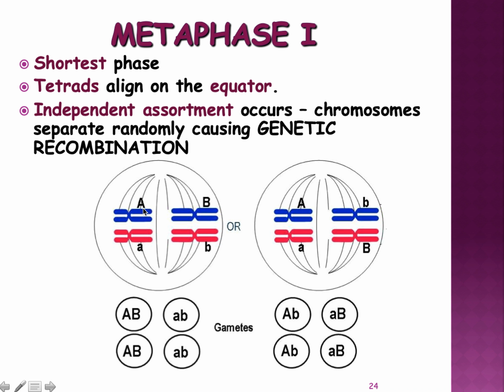You can get somebody with brown eyes and brown hair, the big A, big A, big B. And if you have little a, little b, little a is blue eyes and little b is blonde hair, so blue eyes, blonde hair.